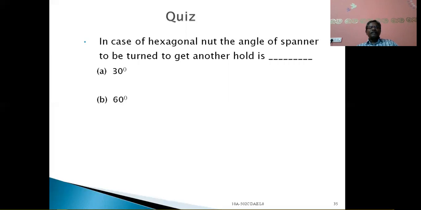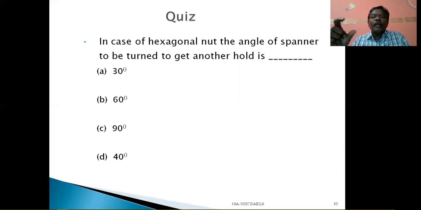Either it is 30 degrees, 60 degrees, 90 degrees, whichever is the right answer. Chamfer angle will be 30 degrees, but as it is the hexagonal shape, each corner will be 60 degrees only with the horizontal line. Thereby, the spanner has to turn only 60 degrees, right? So 60 degrees, B, is the right answer.